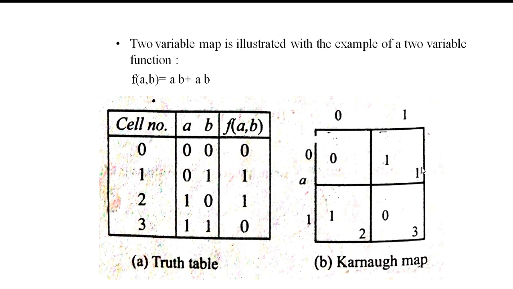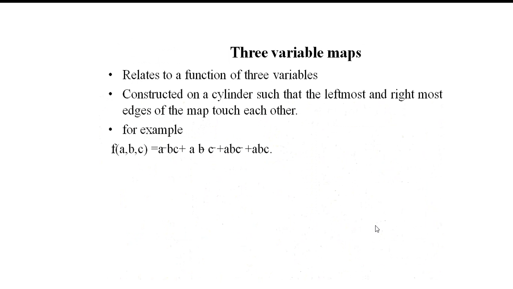Now this is cell number 1, this is cell number 2, and this is cell number 3, because the input combination for this is 1, 1. Now fill up the outputs. For cell number 0 it is 0, for cell number 1 it is 1, for cell number 2 it is 1, and for cell number 3 it is 0. This is the Karnaugh map representation for two variables.